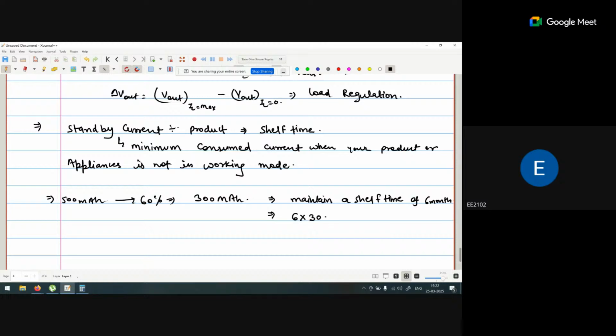Normally, in every month we take 30 days. Now for every day we take 24 hours. So that means the standby current is 300 divided by 6 into 30 milliampere hour upon hour. So we can say what is the current?